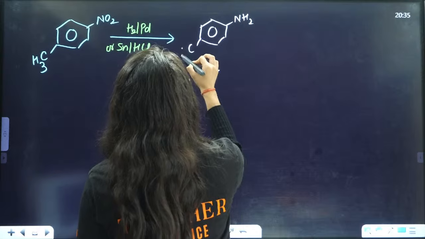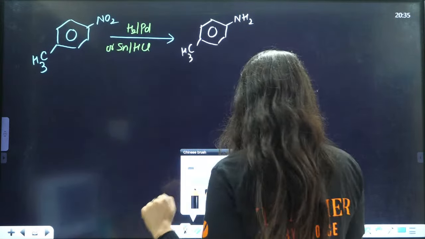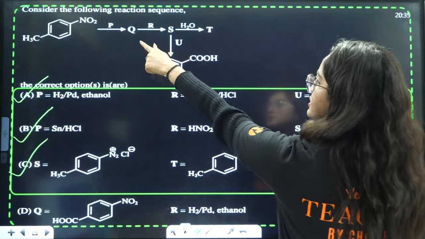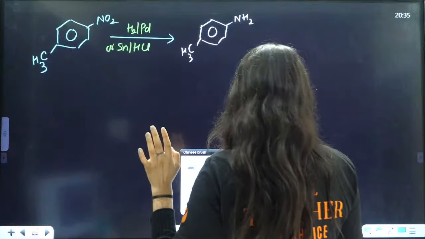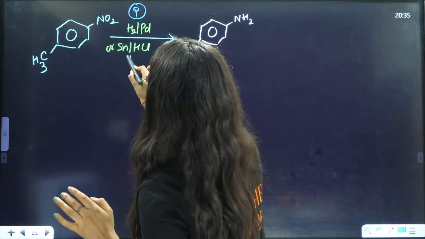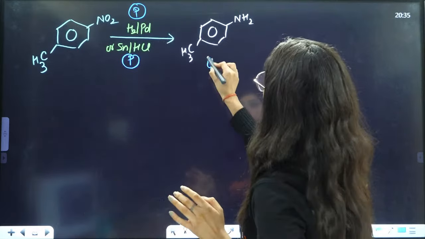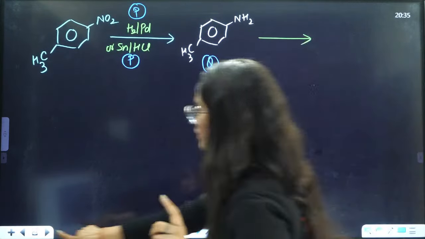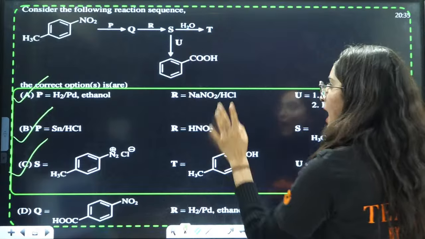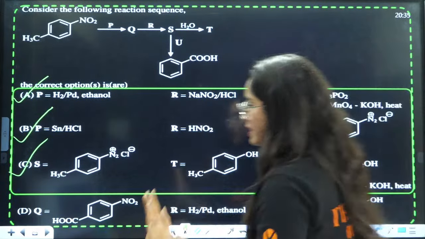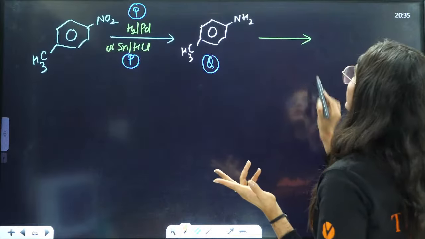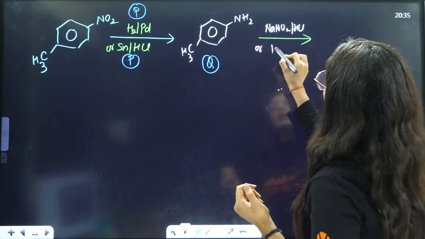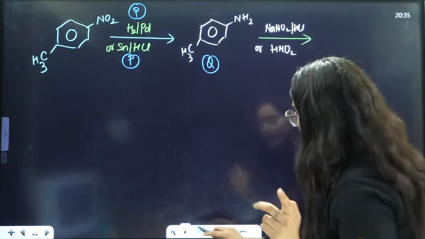After this, it becomes your Q. So this is my P. This can be P or this can be P, and this is Q. Now after this, what are we doing? After Q, we are adding some R. I am saying it can be NaNO2/HCl or HNO2. Both are the same thing only. Either you can see NaNO2/HCl or you can see HNO2 in the reagent side.